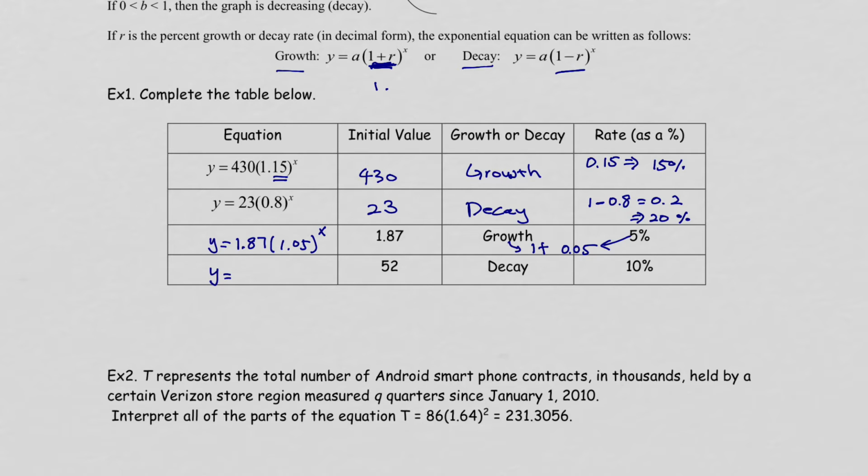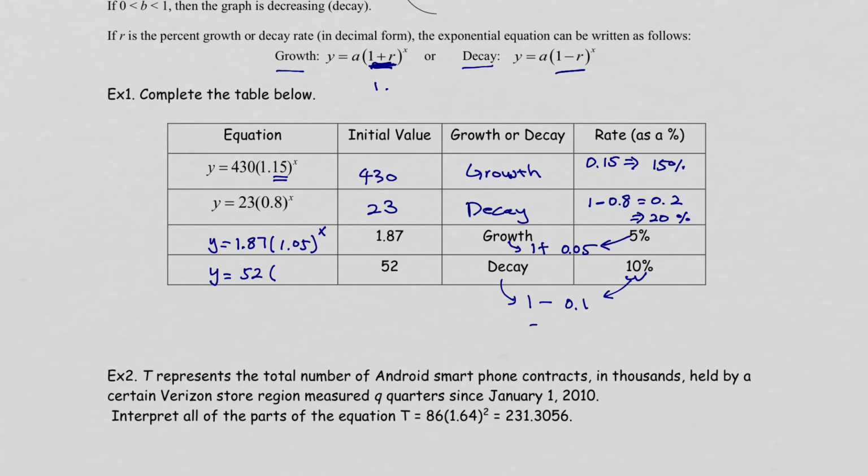So for the next one, you try before you watch this video. Okay, so if you tried it, your initial value is 52, and decay means 1 minus. So this is going to be 1 minus because it's decay. 10% means it will be 0.1, so it will be minus 0.1.